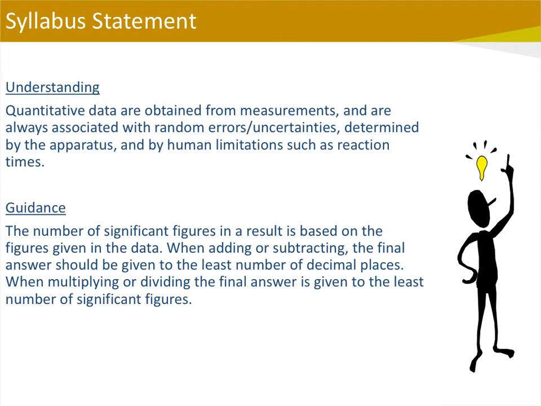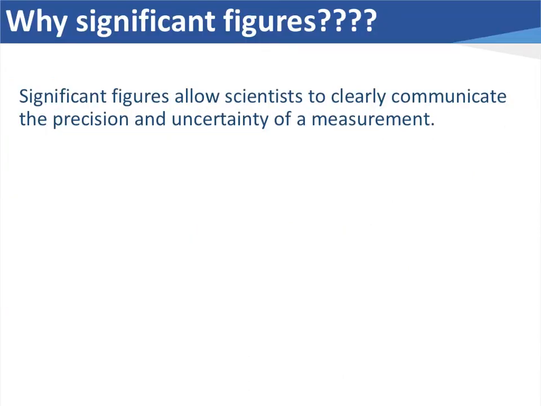We'll talk about significant figures here. And I often get the question from students, why do they matter? Well, they allow scientists to clearly communicate the precision and uncertainty of a measurement. On your calculator, the number 12 and the number 12.0 and the number 12.00 are all the same, but they represent different things. The number 12 here, is it 12.2, is it 11.9, 11.7, 12.152895?